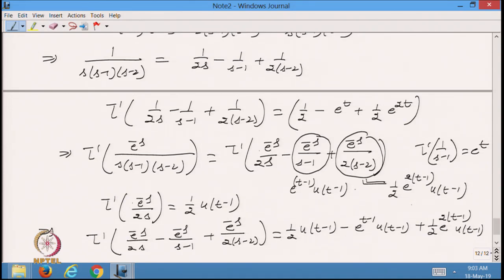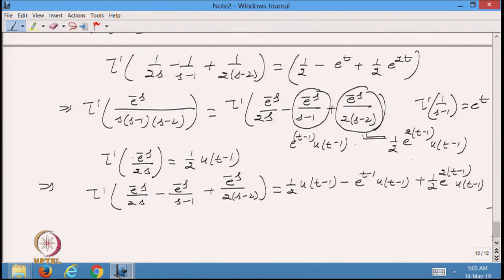So, this will be the inverse of the Laplace transformation for this factor.